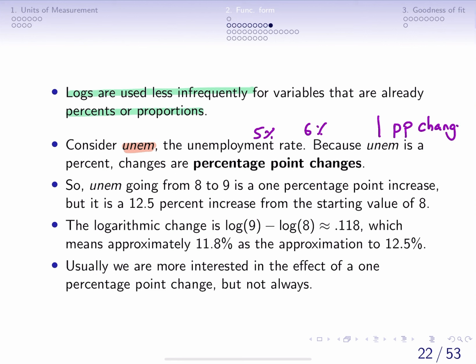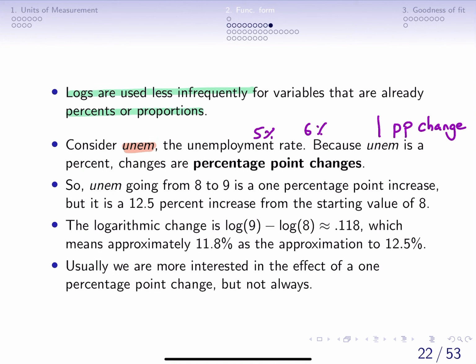The units of variables that are measured in percentages are percentage points, in which case we would not take logs of these variables because the interpretation will become difficult. So if something like the unemployment rate is what you're working with, you want to keep it as it is and not take the logs.